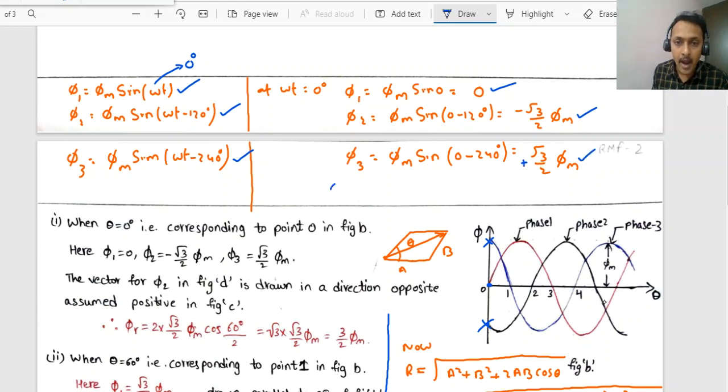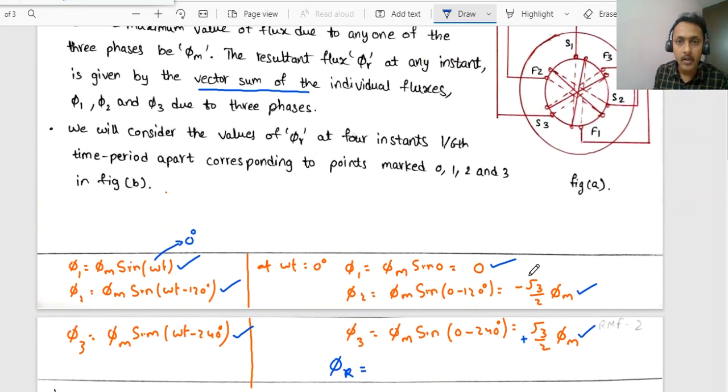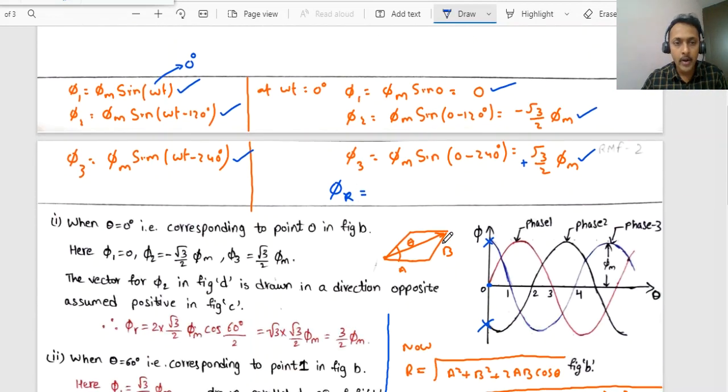Now, what is our important discussion? What is the value of the resultant flux? It is not simply adding phi 1 plus phi 2 plus phi 3. We should not do like that. It is the vector sum of all the individual fluxes. So how do you understand that?